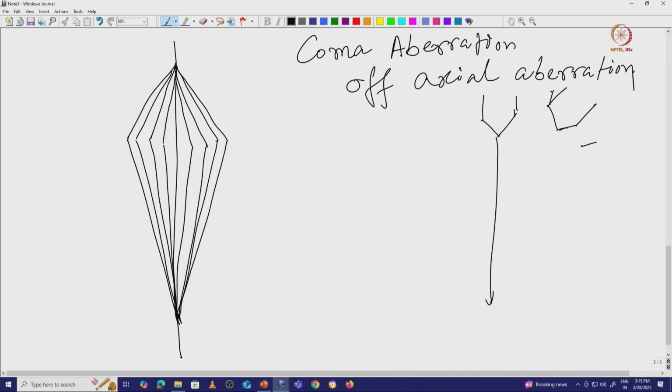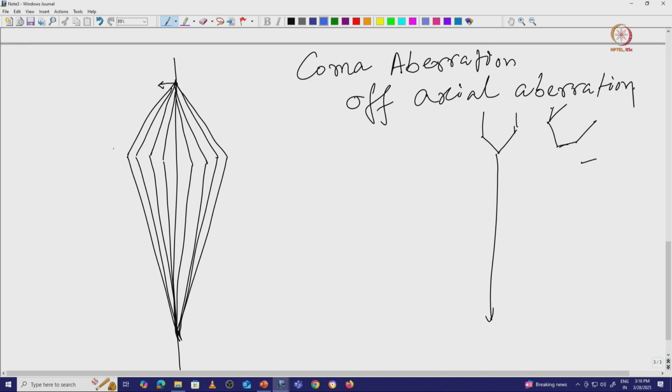Now if there is a deviation, if the point is shifted like that, and we have a magnetic field, if we just consider this is our magnetic field and there is no change in the magnetic field, what will happen?